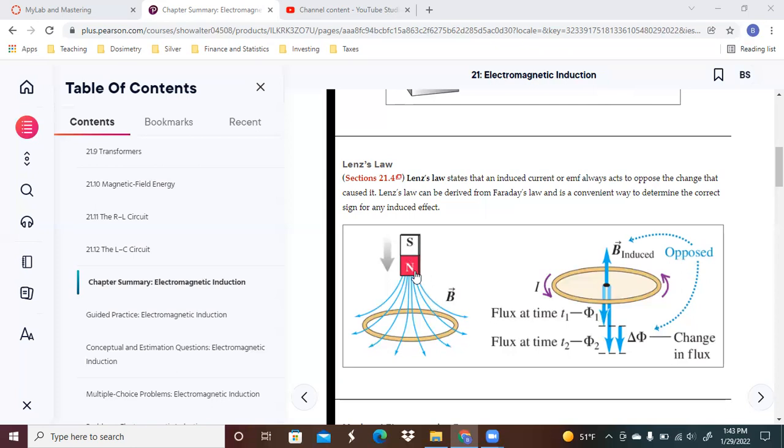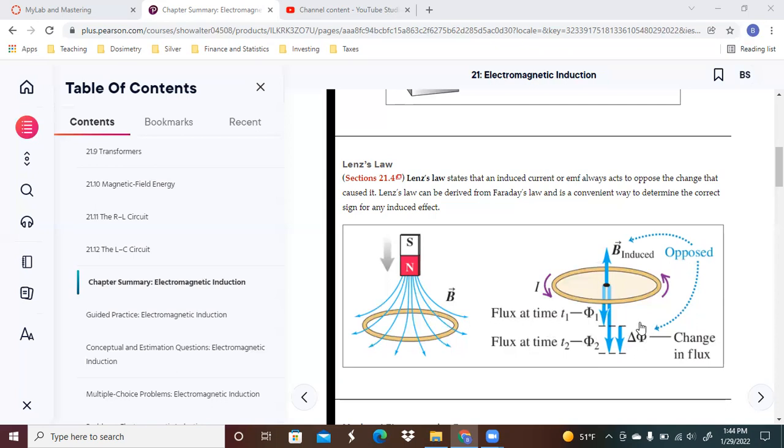So you've got a magnet here that is approaching this piece of wire. And what you are going to see is that the magnetic field is increasing. At time 1, the flux was this, but at time 2, it's going to be this. The amount of change in between time 1 and time 2 is this.